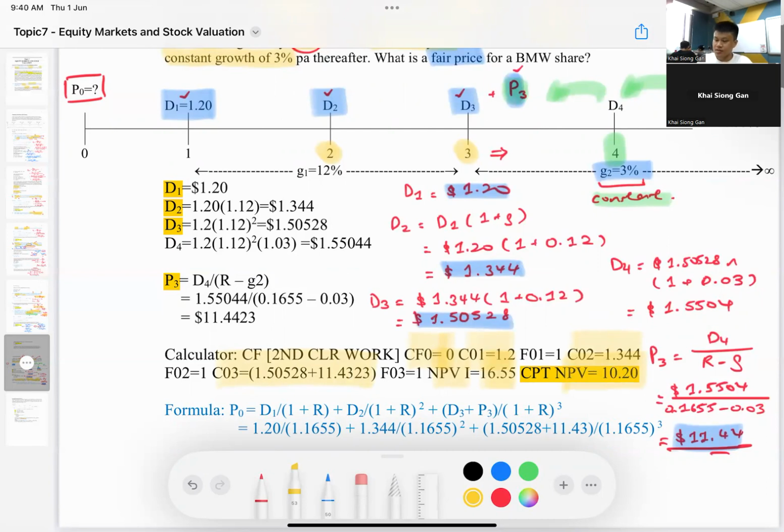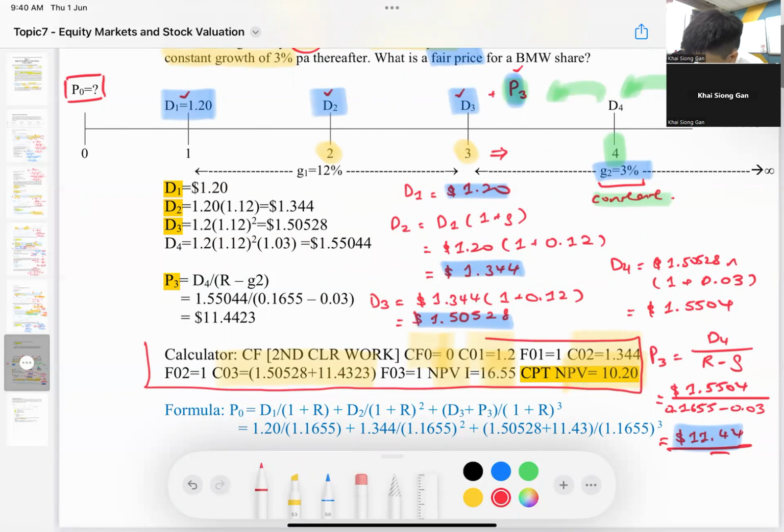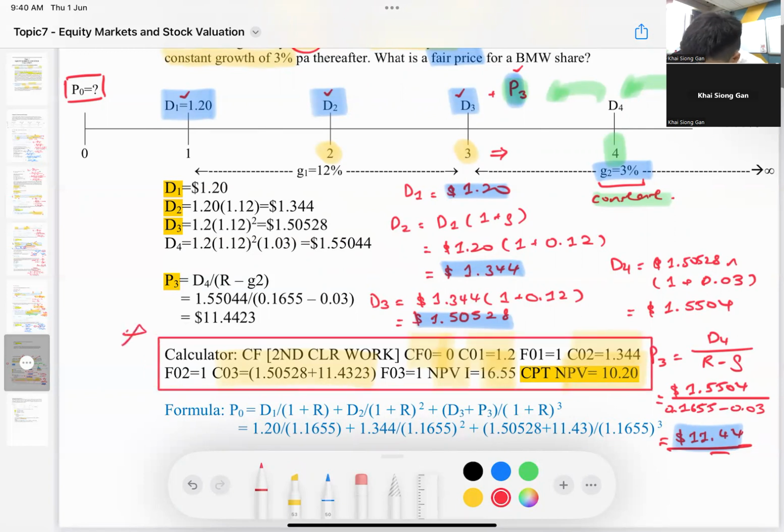That's the answer for this question. Okay, so these are the things that you need to know for tutorial 7.